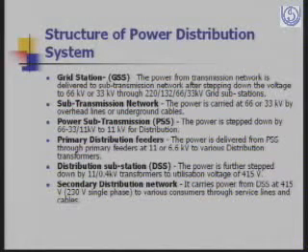The power is further stepped down by 11 by 0.4 kV transformers to the utilization voltage of 415 volts, and then we have the secondary distribution network. It carries power from the distribution substation to various consumers through service lines and cables.